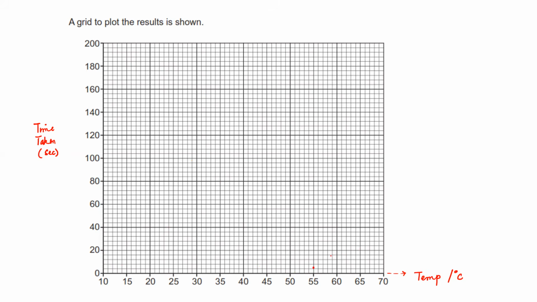Then we have 40 degrees centigrade and 25. It will be somewhere here. Oh, my first spot is gone. So let me draw it here. And then at 40, I have to draw it at 25. Not here, a little bit above.